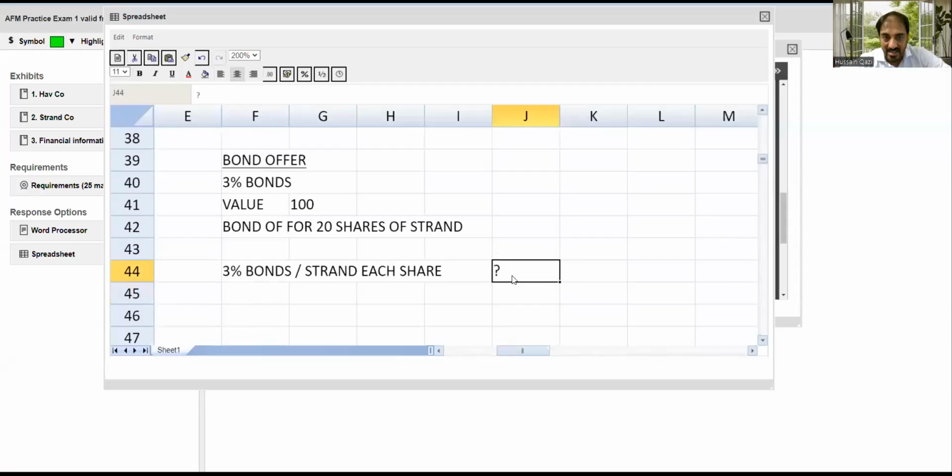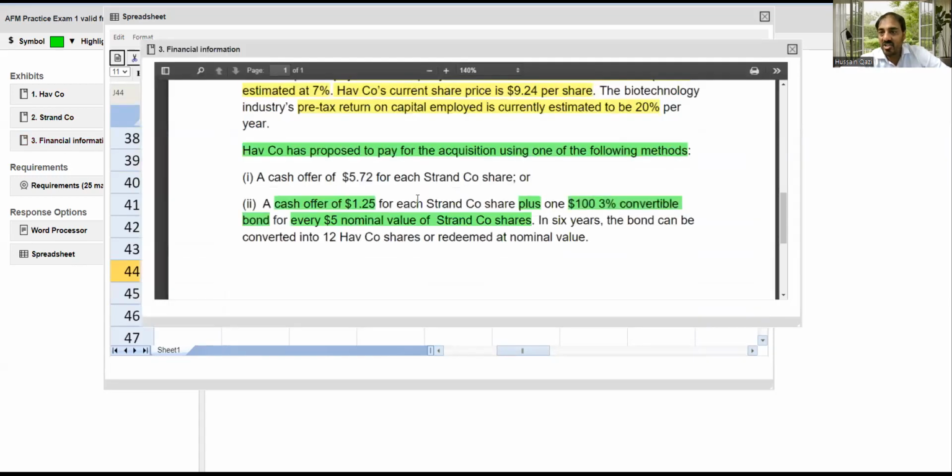Yes, you are absolutely right. That means, sir, you are saying if the company offers $100 bonds for 20 Strand shares, each Strand share value is 5. And here the examiner mentioned directly this 5.